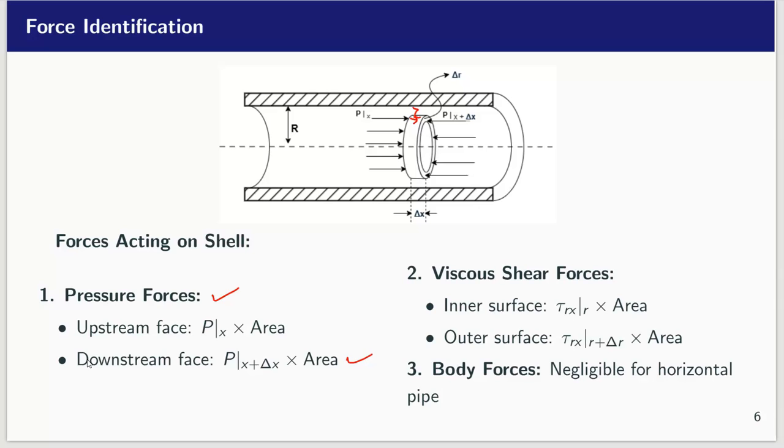Now viscous shear force is acting on the inner surface, tau rx into area, and on the outer surface, tau rx at r plus delta r into area. Body force is negligible for a horizontal pipe, so no gravitational force is acting.